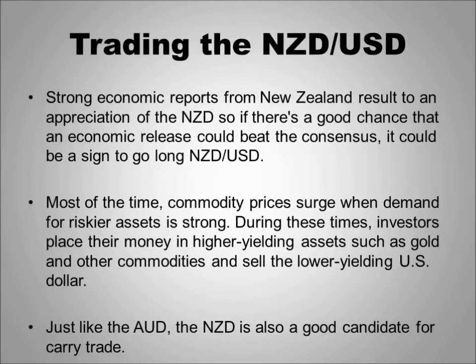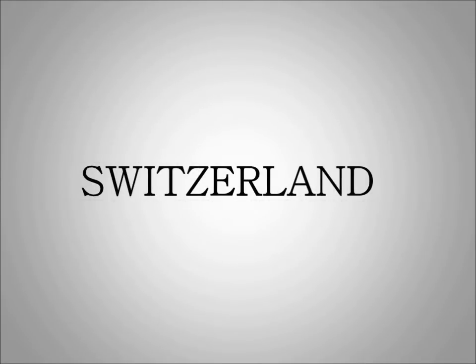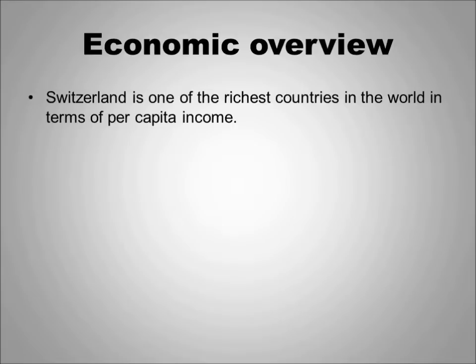So again, we're dealing with carry trade: exchanging a financial instrument with a low interest rate and using that to purchase a financial instrument that gives us a higher interest rate. And also, just like the Australian dollar, the New Zealand dollar is also a good candidate for carry trade, as I mentioned previously. So now let's move on to Switzerland.